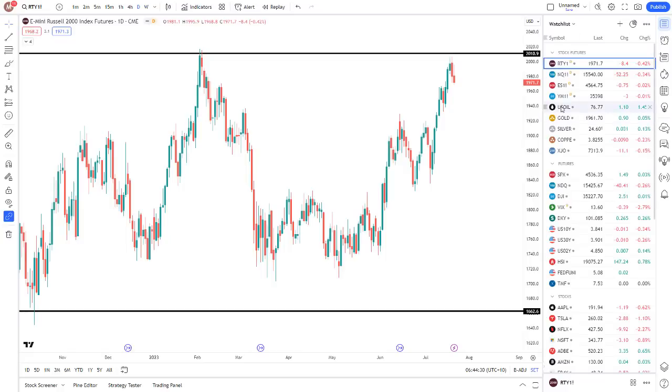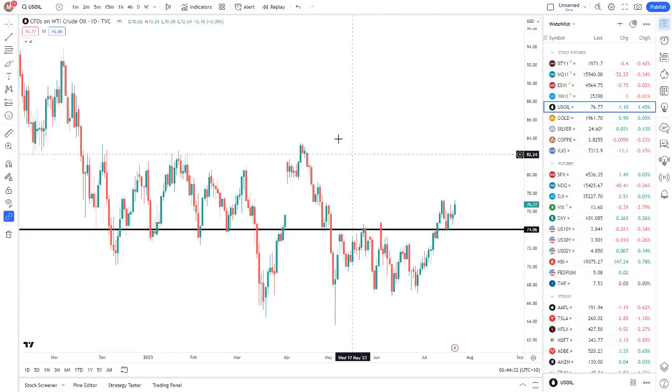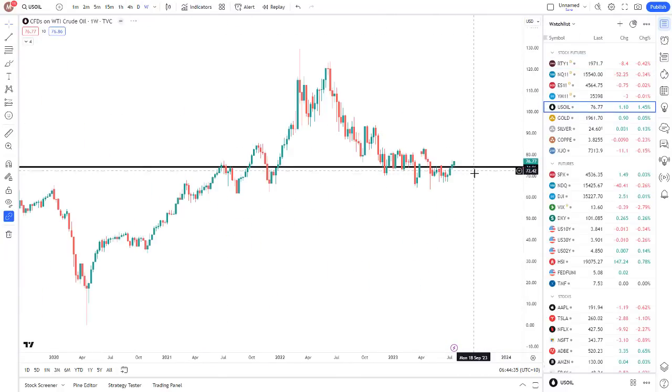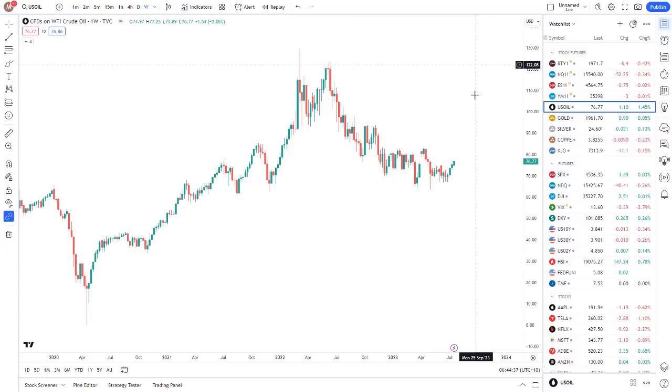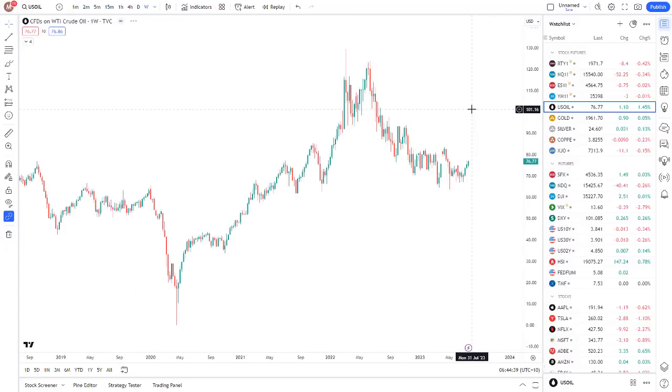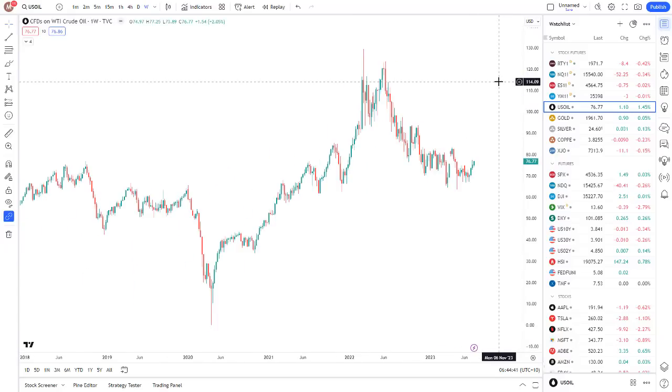Let's go look at oil. Oil is one of these markets, guys, that I truly believe we're about to see a really big breakout soon. We've been coming down very, very slowly through here. This market is about to make a really big move.